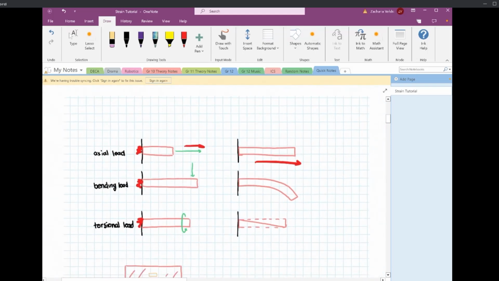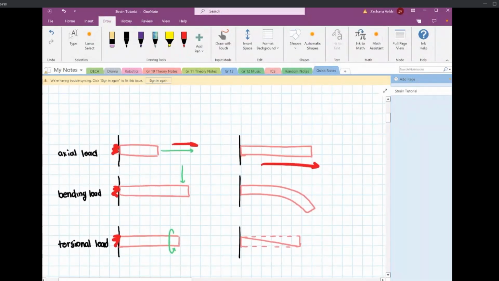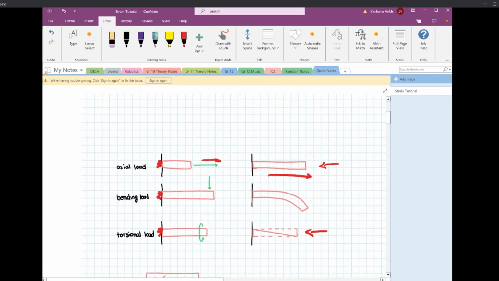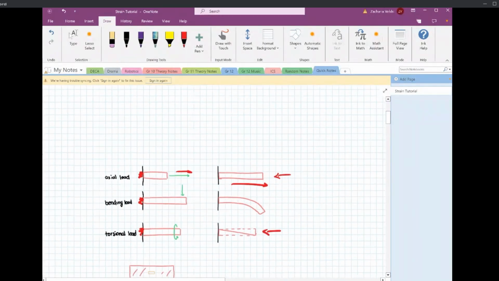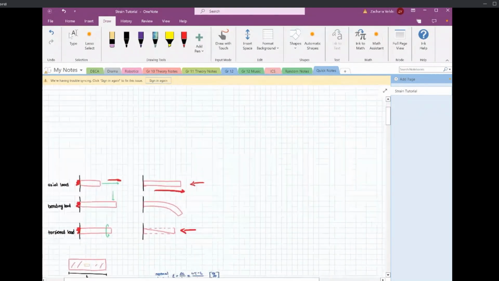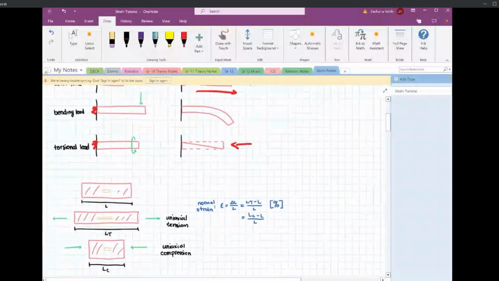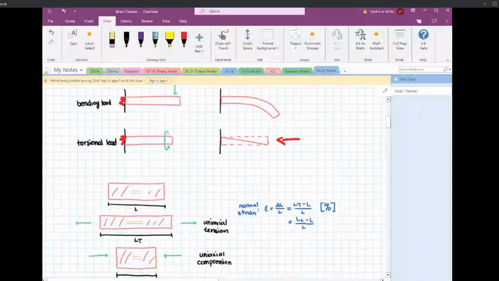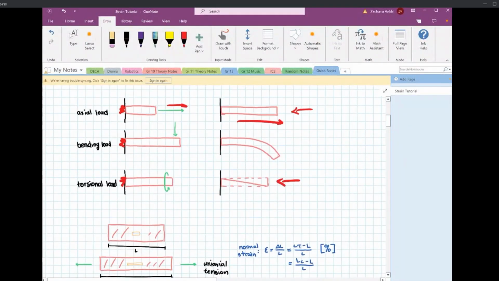So those are the three kinds of loads that we see, and we see them all over the car. In the axle and in the drive shaft we see torsion, and in the tie rod and the camber link we see axial loads. Where is bending?